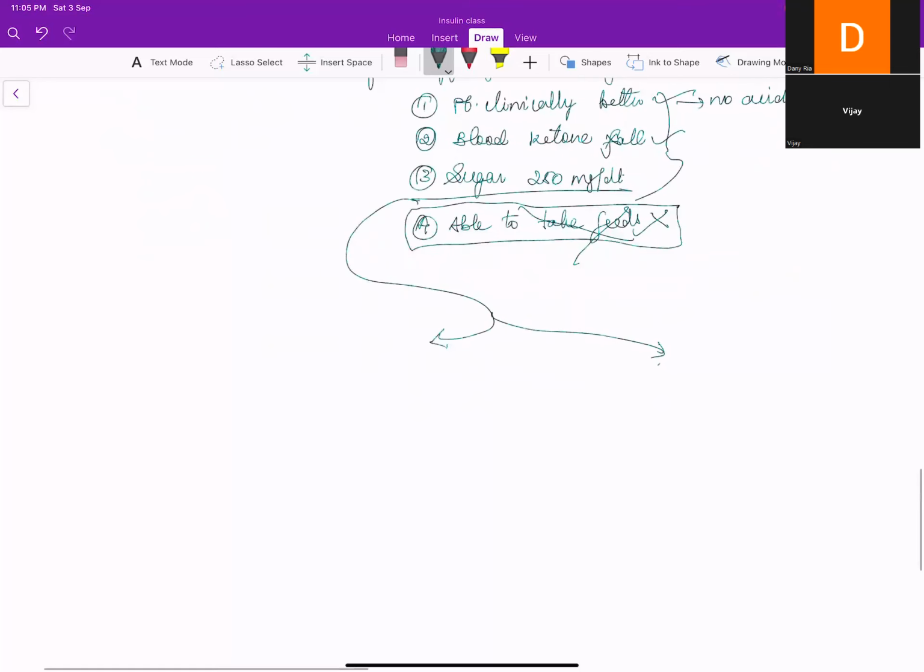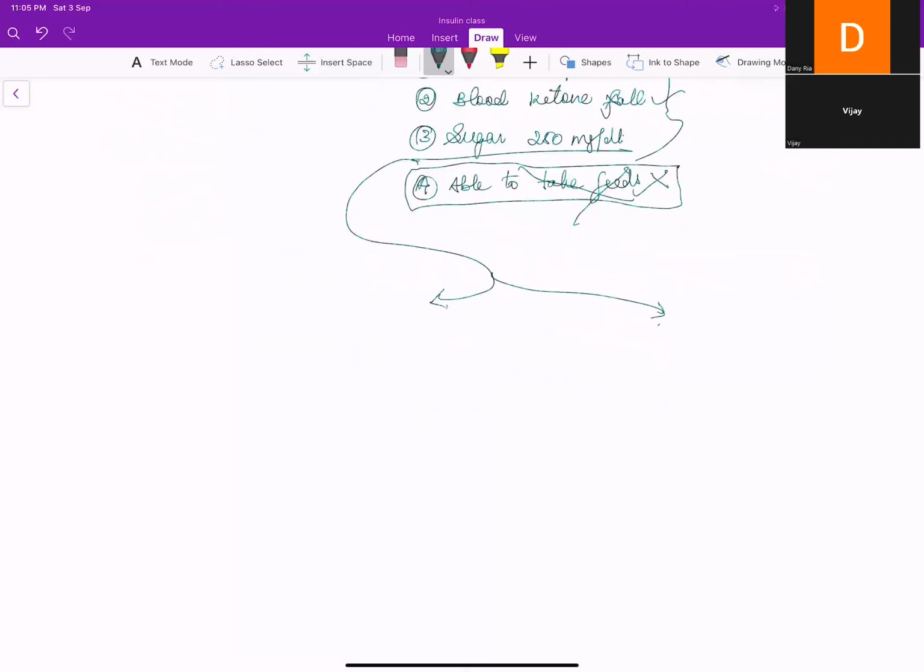What we usually do is, if the patient's sugar has come down, and he is not able to take fluids orally for any reason, we give them DNS infusion, dextrose infusion, along with 2 units per hour of insulin infusion. So the patient is getting sugar also, and insulin also.